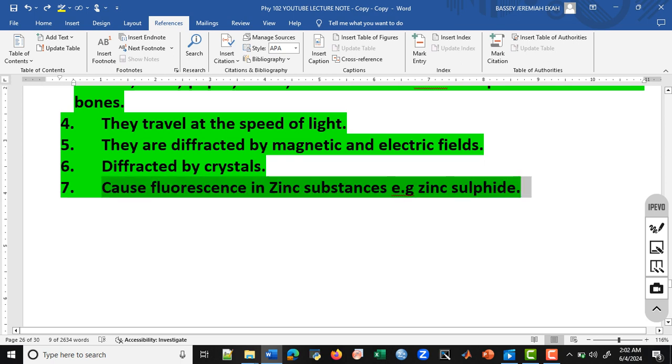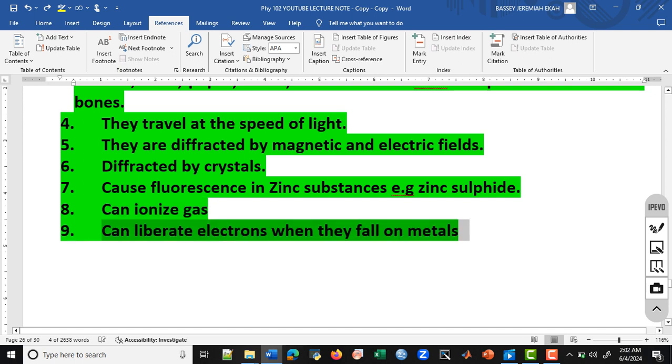They may cause fluorescence in zinc. They have the potential to ionize gas. They have the potential to liberate electrons when they fall on the surface of a metal.